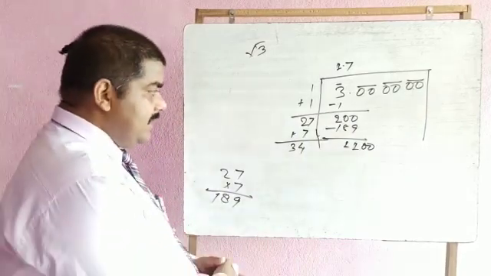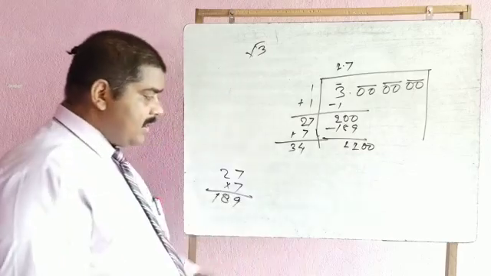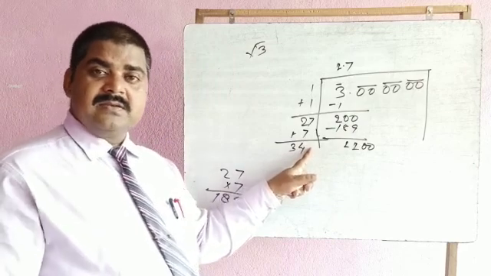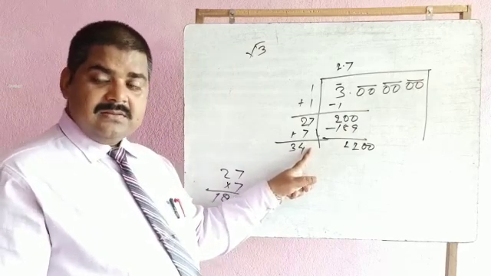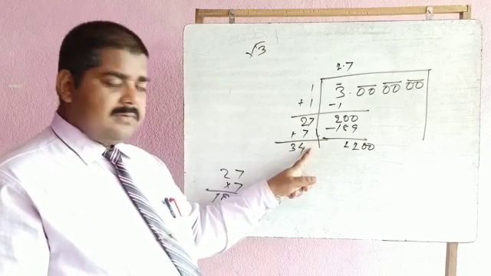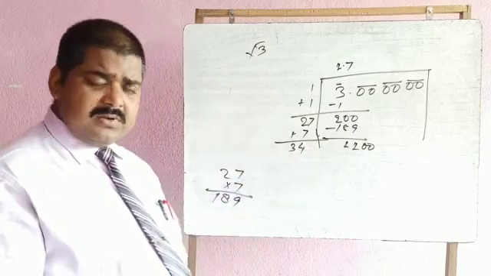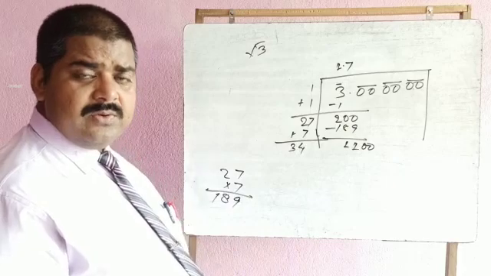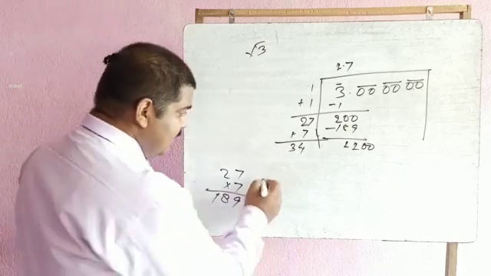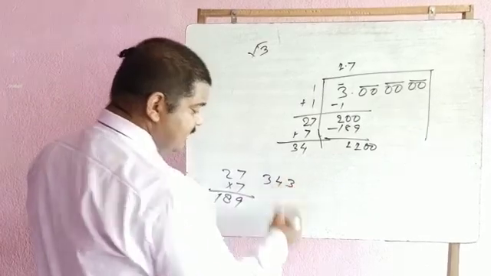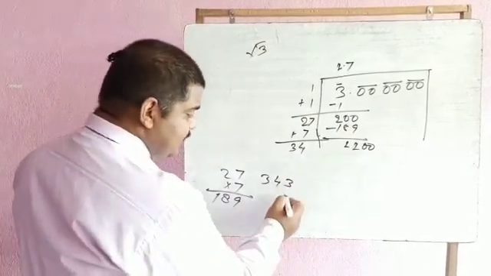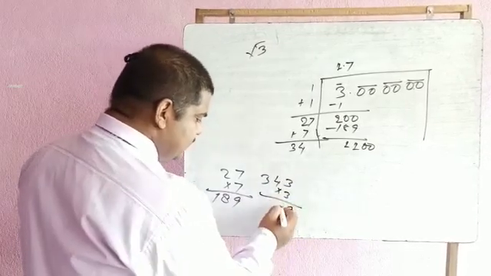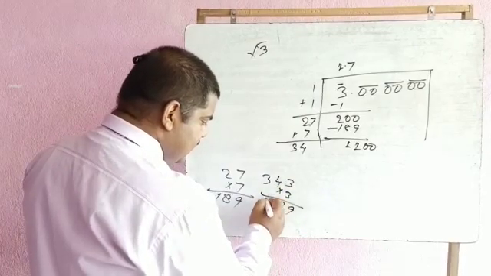Now for the second digit, because if you take 1, then 341; if 2, then 382, 84, it must be greater than 300. If you take 3, 4 3s are 12, it must be greater, so you have to just take 3. And when you take 3 and put it at the unit place and multiply, 3 3s are 9, 4 3s are 12, 1, 3 3s are 9, 1, 10.